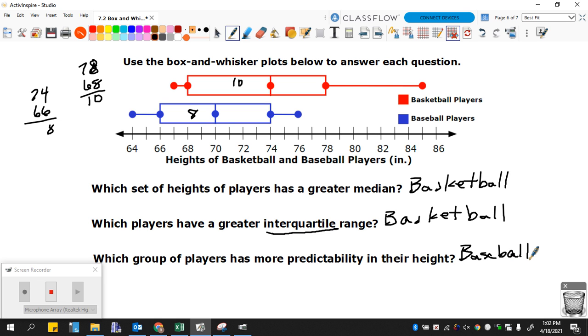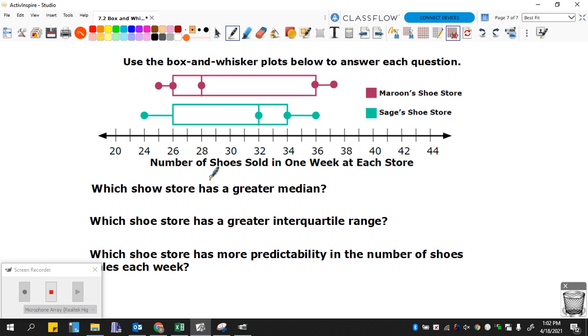One last one. All right, this is a shoe store, not a show store. Which shoe store has a greater median? Well, the Sages, the green one here, has the greater median. Which one has the greater interquartile range?